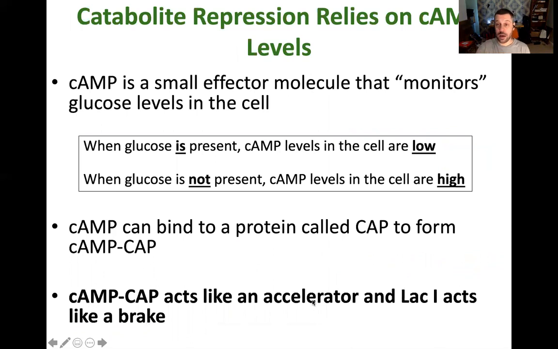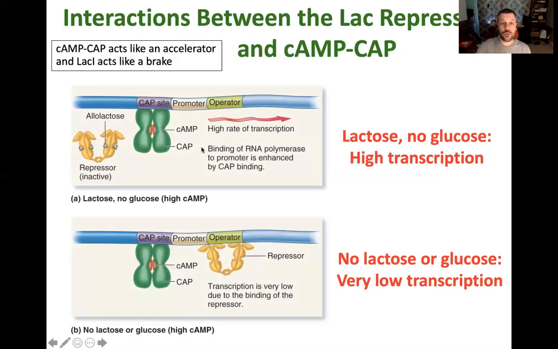So here is the CAP site, which is this purple binding site for the CAP-cAMP protein molecule. And remember, this acts like an accelerator. If this is bound to the CAP site, what it basically does is recruit more RNA polymerase to the promoter and cause the rate of transcription to go up.